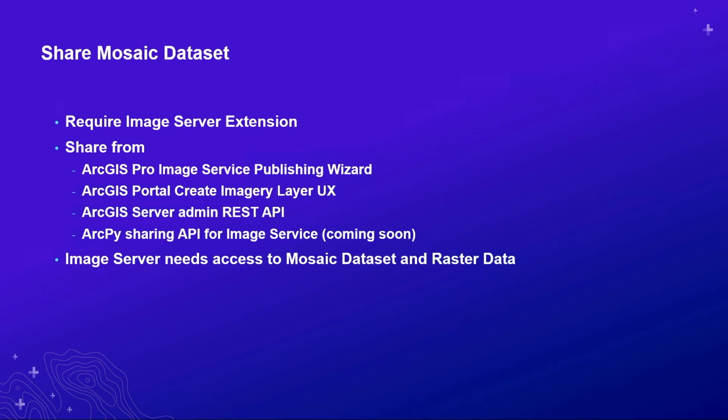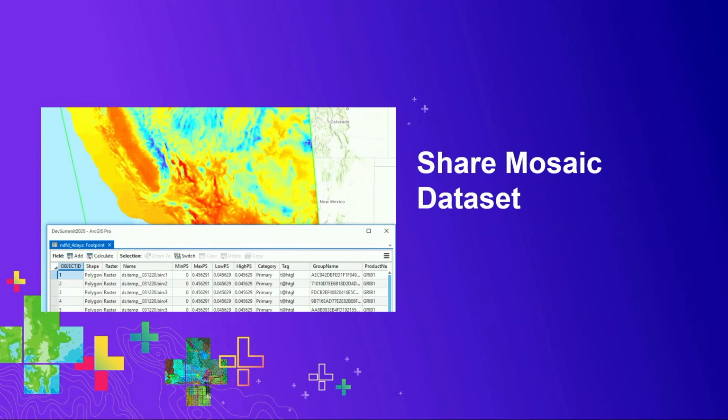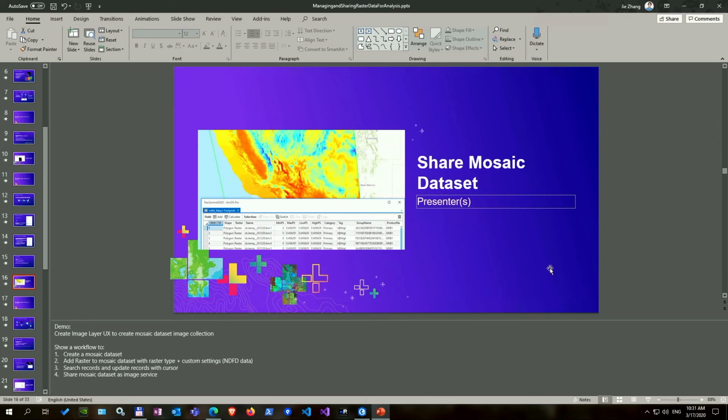The other thing you want to remember is that if you share a Mosaic dataset as an image service with the sharing mode by reference, the image server will need access to both the location of the Mosaic dataset and also the raster data that the Mosaic dataset references. Okay, now let's look at the second demo and see how we can automate the Mosaic dataset management and sharing workflow in Python.